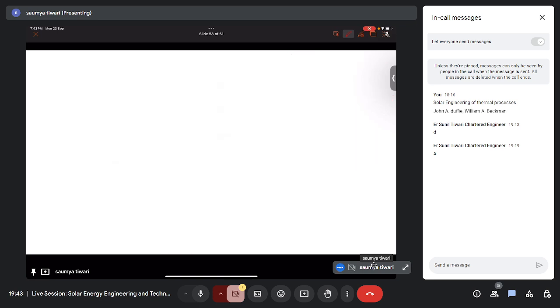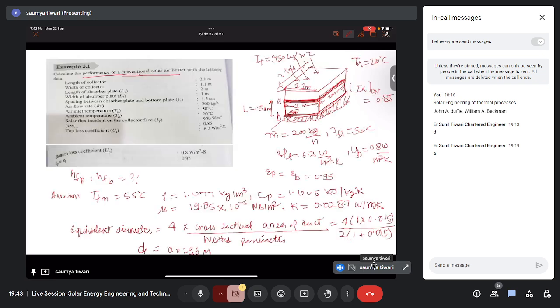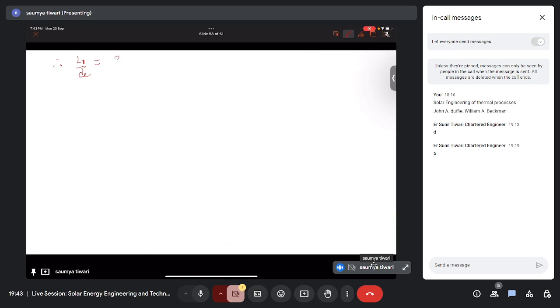So we will calculate the L1 by DE value. L1 is your 2 meter, the length of the duct is 2 meter, the equivalent diameter is 0.0296. This will come to be 68.